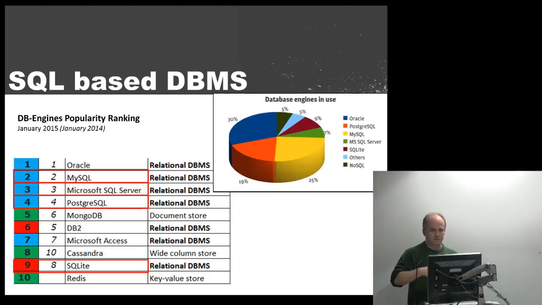If we look at another way of looking at the data, we can see that number 1 again is Oracle, and then we have MySQL, PostgreSQL, Microsoft SQL, a bit more SQL. So the world is basically half SQL flavored and maybe a third Oracle, and then there's a little bit of other things.